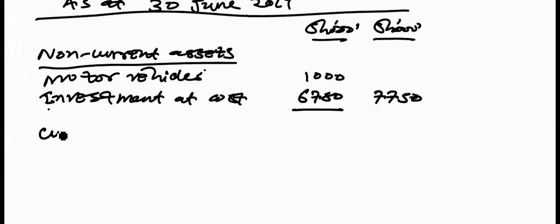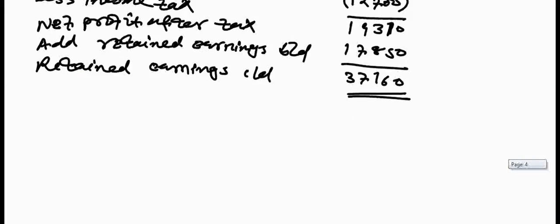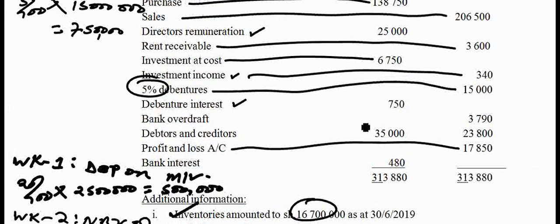Next tuseme current assets. Current assets ni kama debtors, ama wengine wanaita accounts receivable, alafu stock, wengine wanaita inventory, na cash at bank and cash in hand if there is such. So acha tuone what we have in the question. Tuko na debtors and creditors.